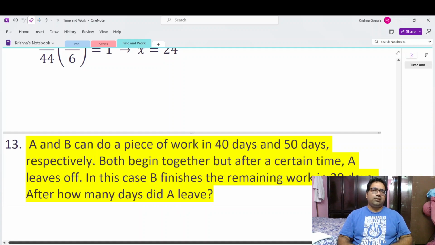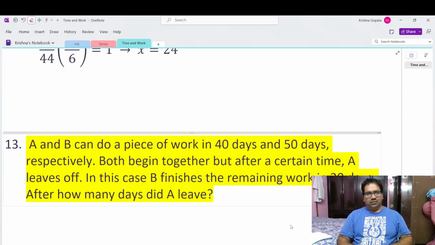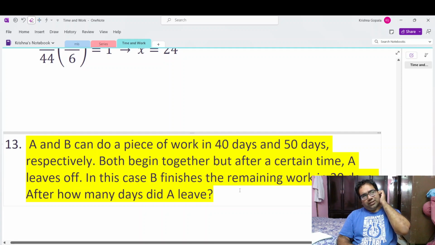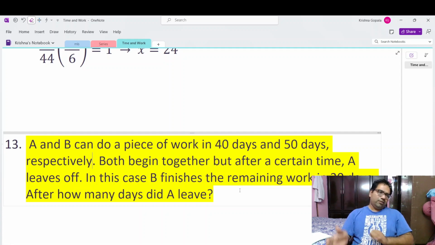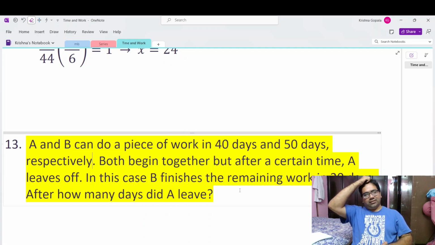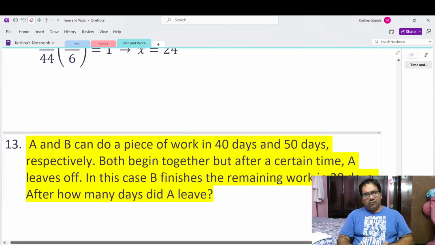Both begin together, but after a certain time, A leaves. In this case, B finishes the remaining work in 20 days. After how many days did A leave? Okay, look at this carefully. A can do it in 40 days and B can do it in 50 days. But after A left, B worked for 20 more days.